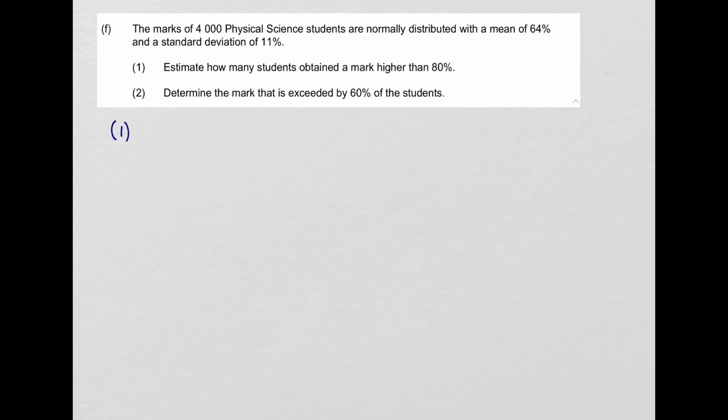Okay, so let's just define our normal distribution. They've given us an important number here, that there are 4,000 physical science students in total. They didn't do that in some of the previous questions. So when they have given it to you, it means you're going to use it somewhere, and just write it down as an introductory thing before you even answer the questions, and always write down your normal distribution. All right, so random variable x is normally distributed with a mean of 64%.